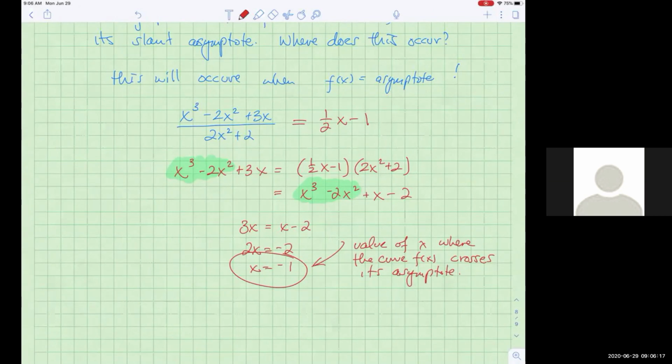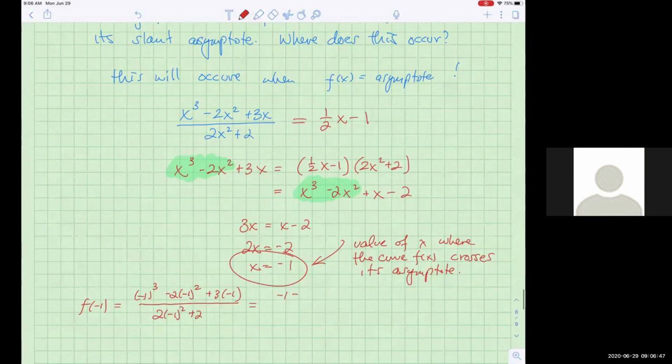Now, if you want the actual ordered pair there, since this is a point on both the asymptote and the curve itself, all you have to do is plug x equals negative 1 into either function. So f of negative 1 is equal to negative 1 cubed minus 2 times negative 1 squared plus 3 times negative 1, divided by 2 times negative 1 squared plus 2, which is going to be negative 1 minus 2 minus 3 divided by 4, or negative 6 over 4, which is negative 3/2.